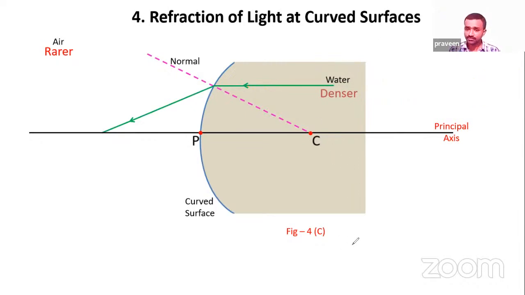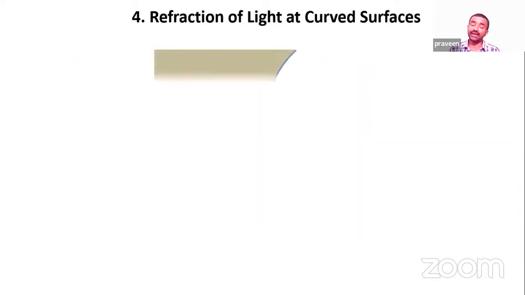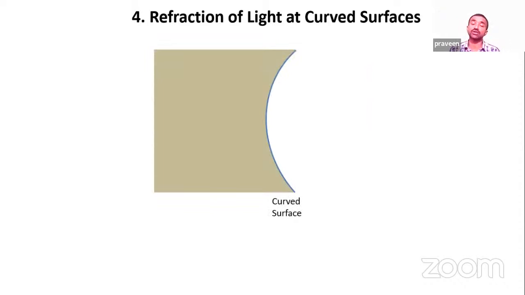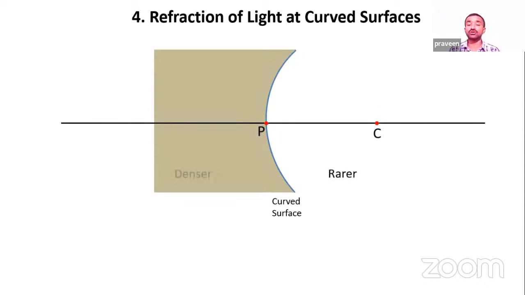Now we will go for another case. Here the light ray is again parallel to the principal axis, but now the change is from one medium to another. Previously denser to rarer, now rarer to denser medium. The light ray, parallel to the principal axis, is incident on a concave surface and directed from the rarer medium to the denser medium.